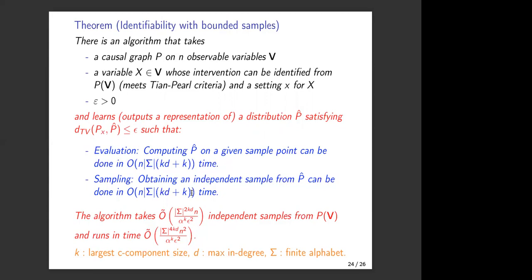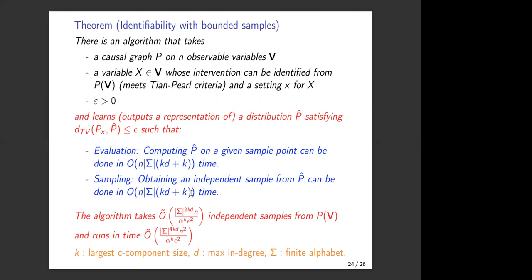Given a representation of p hat, you can evaluate it in time order n times cardinality of sigma to the power kd plus k. Here k is the largest C component size, d is the max in-degree of the graph, and sigma is the alphabet of the distribution.